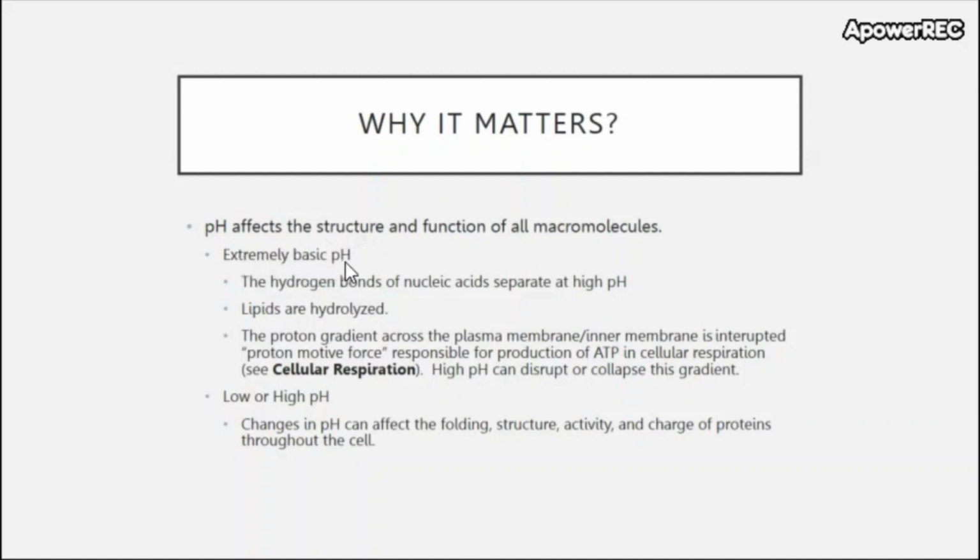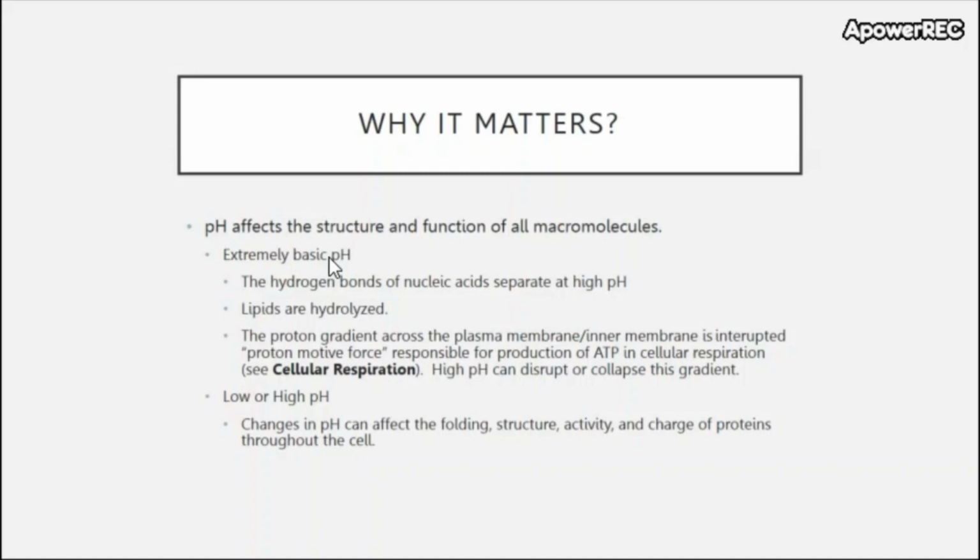Extremely basic pH, which means a low amount of hydrogen, or protons, or hydrogen cations, means that the hydrogen bonds that are already present in nucleic acids begin to separate at high pH. Lipids, which, if you remember, are important for our membranes and intracellular organelles and different things like that, start to become hydrolyzed. So they start to break apart, so our membrane stability goes down.